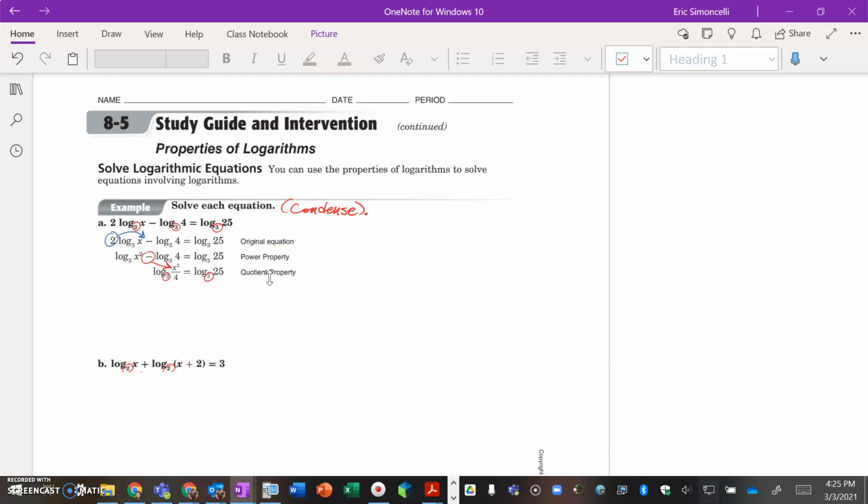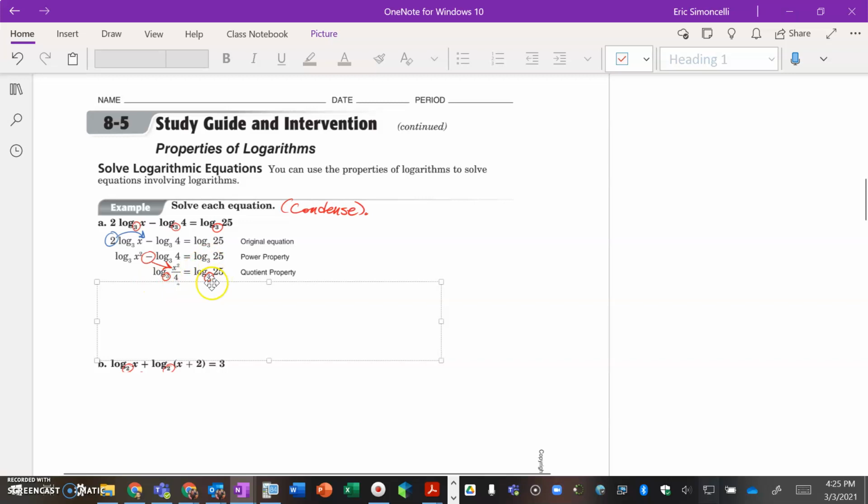The subtraction of these 2 logs yields, using the quotient property, a condensing of these 2 as 1 log. In other words, if you're subtracting 2 logs with the same base, it's the same as dividing, in this case, x squared over 4. So log base 3 of x squared over 4, again, the quotient property.